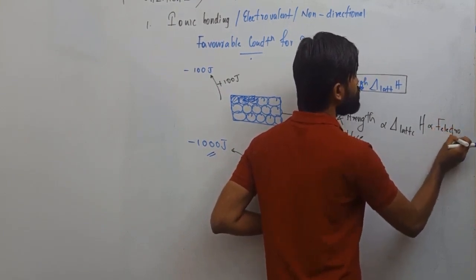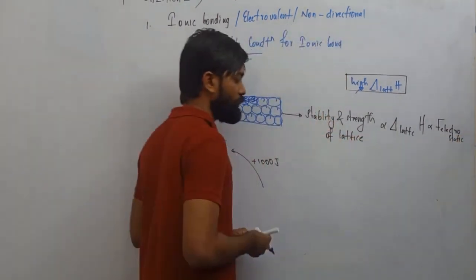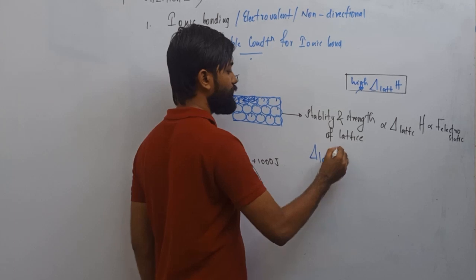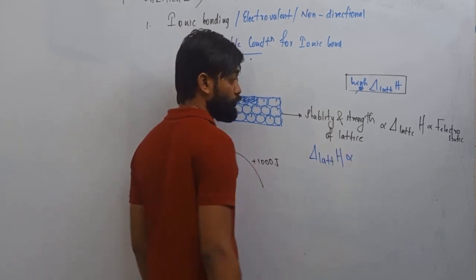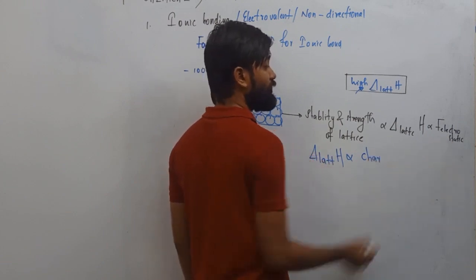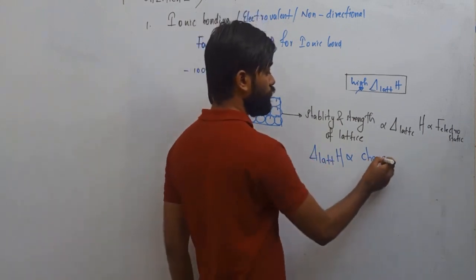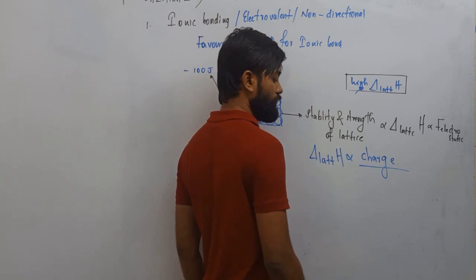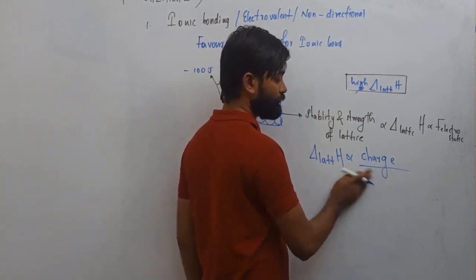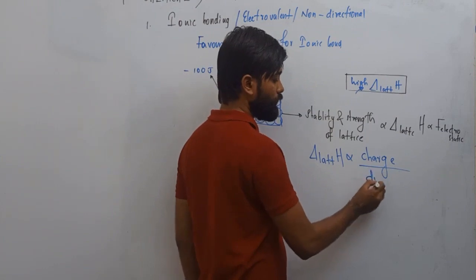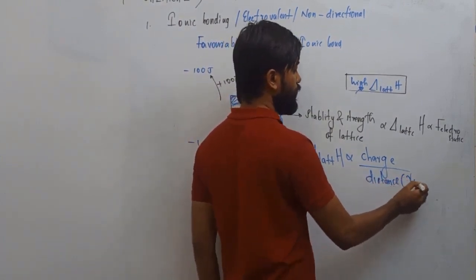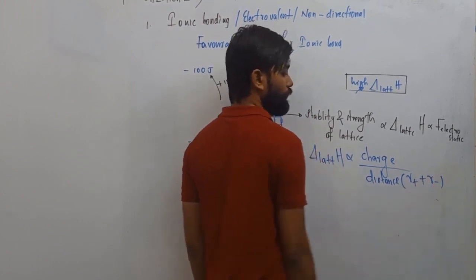So lattice energy depends on the electrostatic force of attraction, which is proportional to charge. So lattice energy is proportional to charge and inversely proportional to distance. Distance means the radius of the cation plus the radius of the anion.